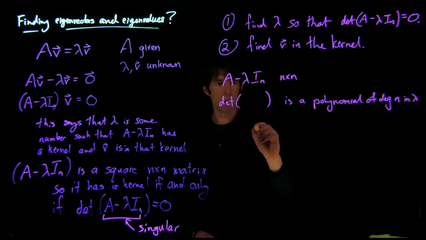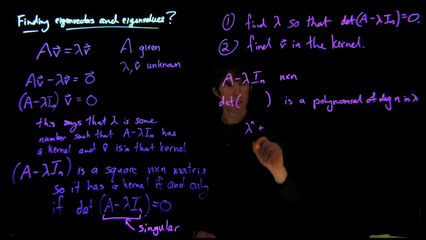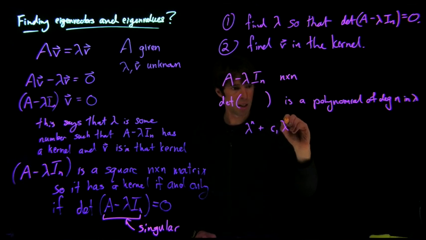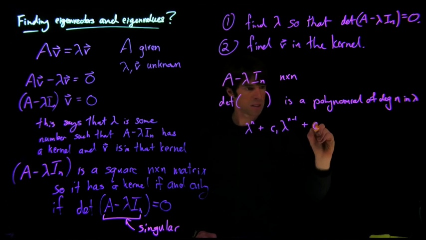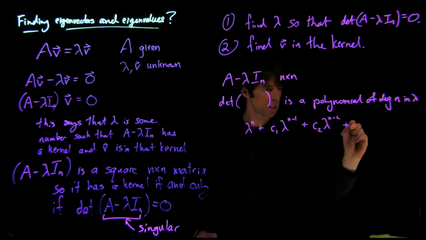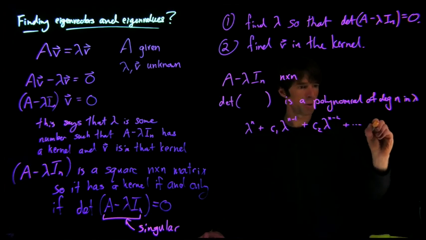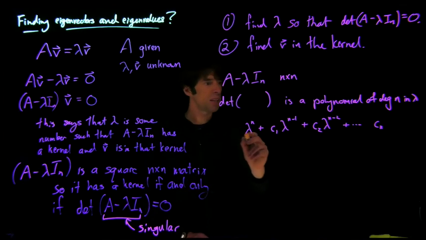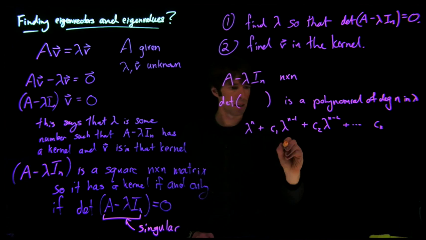So this will be something of the form lambda to the n plus some constant c1 times lambda to the n minus 1 plus c2 lambda to the n minus 2 plus dot dot dot all the way down to cn times lambda to the 0, so that's just 1. Okay, so this is what the determinant looks like.